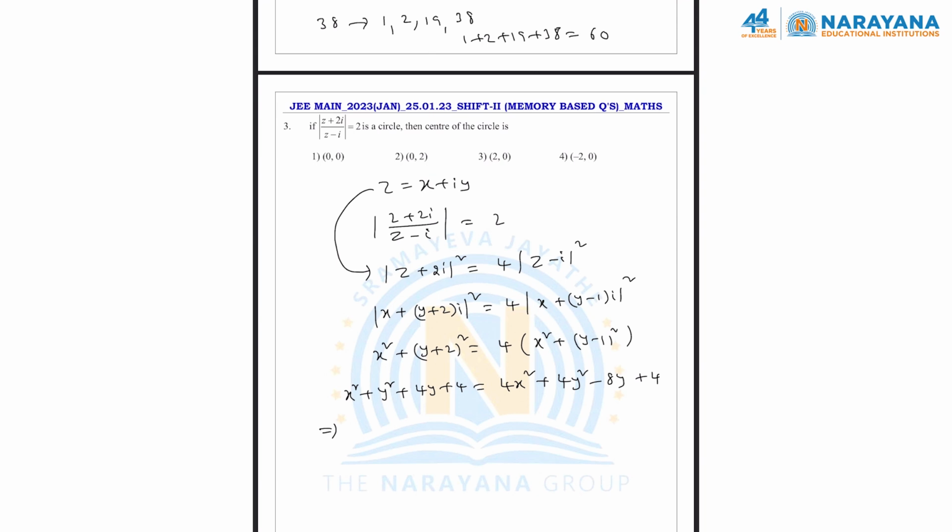So this implies 3x² + 3y² − 12y = 0, as the 4 and 4 cancel. So x² + y² − 4y = 0 is the required circle equation.